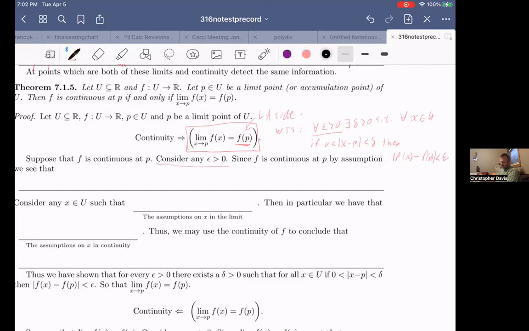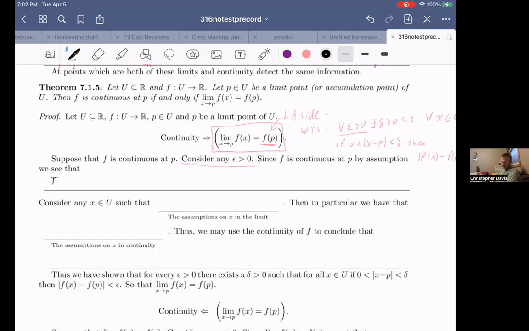Next thing I do is I need to come up with a positive number delta. I'll use continuity to do that. Since f is continuous at P, by assumption, we see that there is some delta greater than 0.